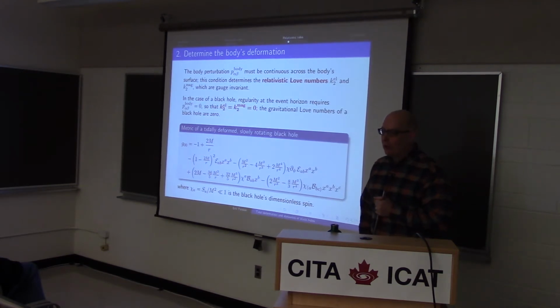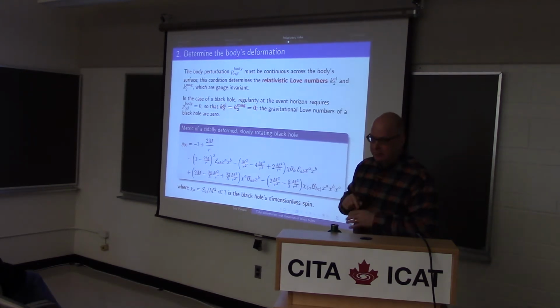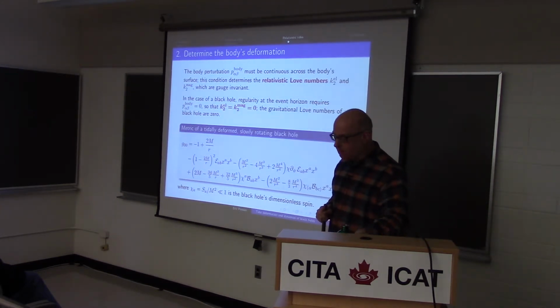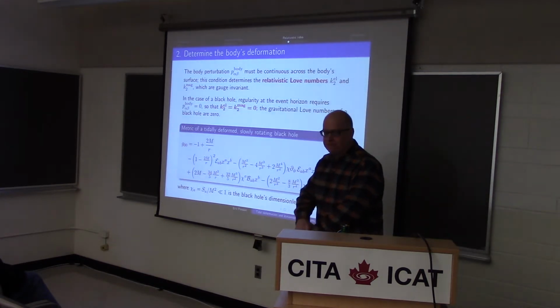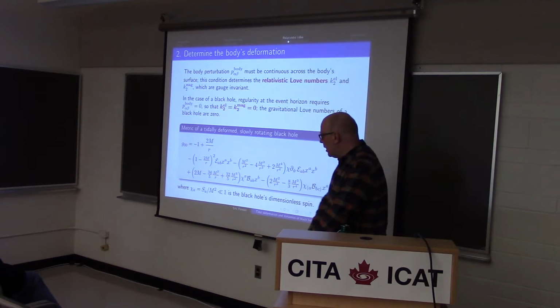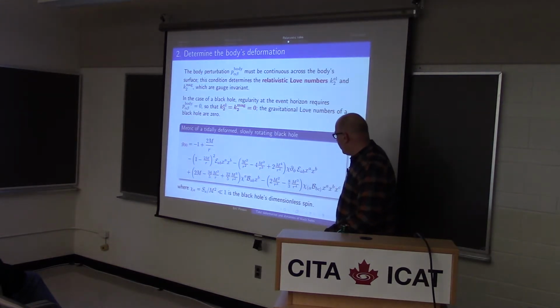If you really do the work for a black hole, yes, you have a question? Is that a special property of event horizons, or is it just null surfaces? It has to be a stationary null surface. So that's not quite saying the same thing as that it has to be an event horizon, but in my context it is. Right. So if you actually do the work, you end up with something like this.